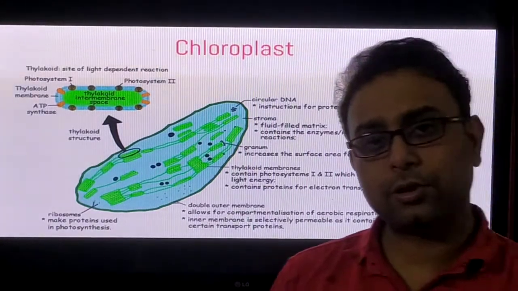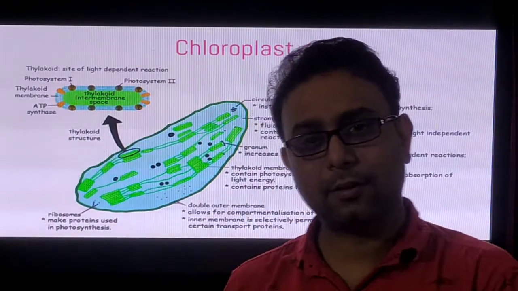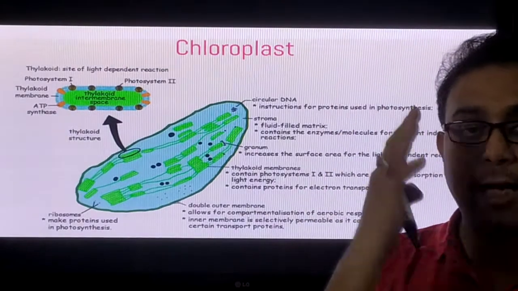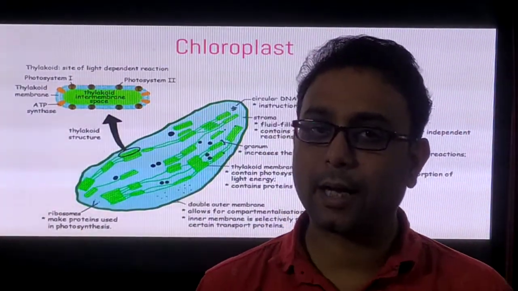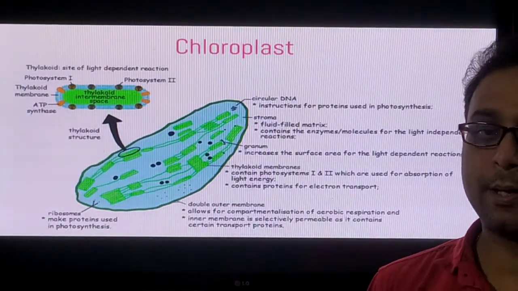Photosynthesis happens inside the chloroplast. In photosynthesis there are two phases, the light phase and the dark phase. The light phase happens in the grana and the dark phase happens in the stroma.